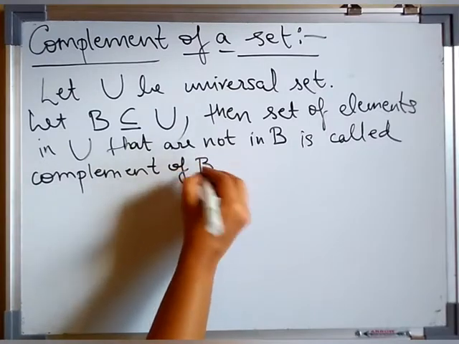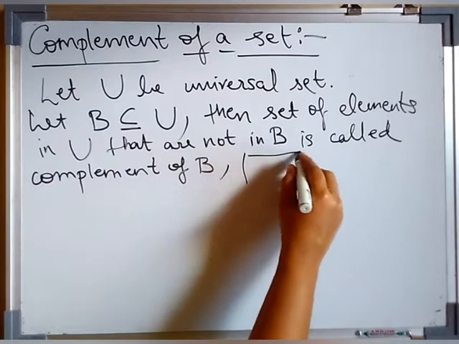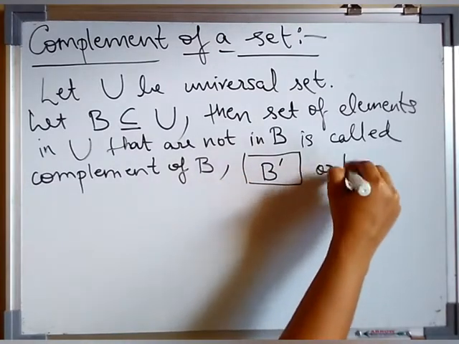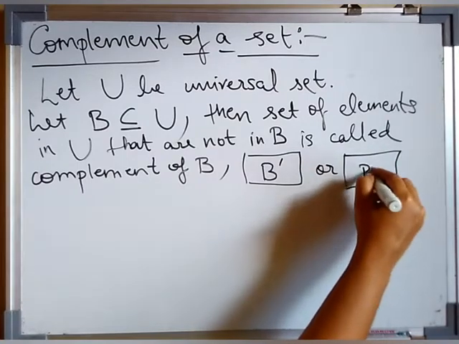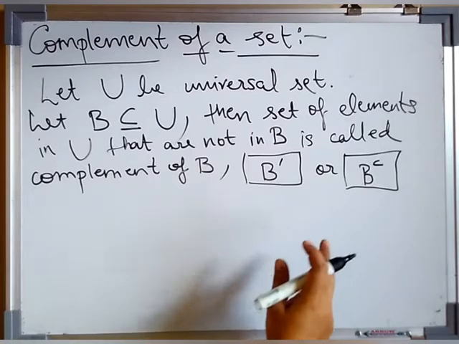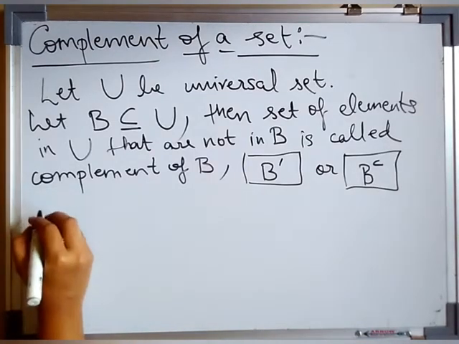The complement of B, we denote it as B dash or B complement. These are the notations used. We will take one example.